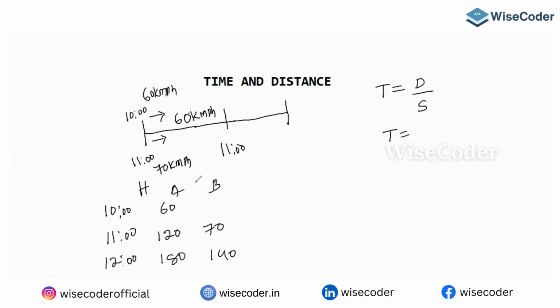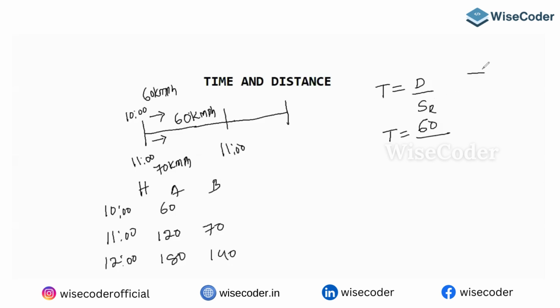What you need to understand is this: the second train has to cover a distance of 60 kilometers only, because the first train has already covered that, so you need to cover this extra 60. To cover this 60, relative speed will come into the picture.